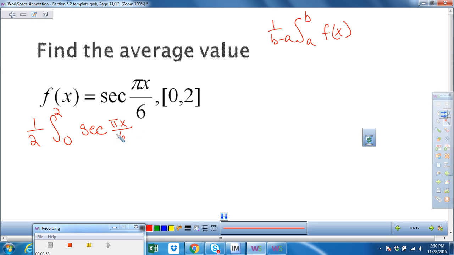The integral of secant x is one of those weird ones that we don't know. But I do have to remember to use chain rule, so I let u equal pi x over 6. So du is equal to pi over 6 dx, so dx is equal to 6 over pi du.